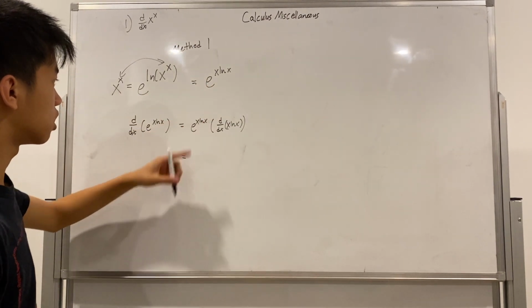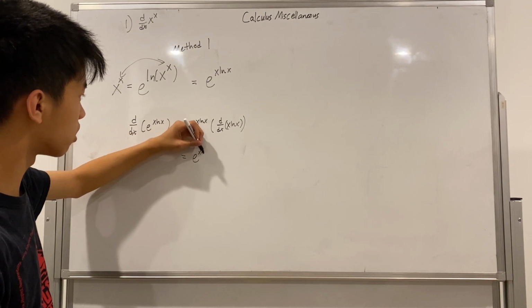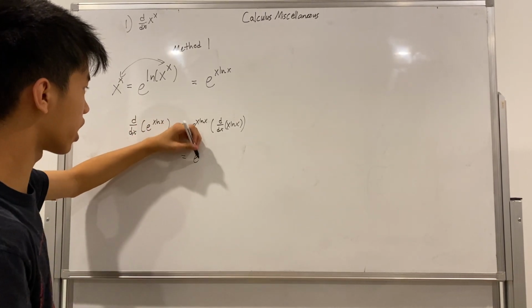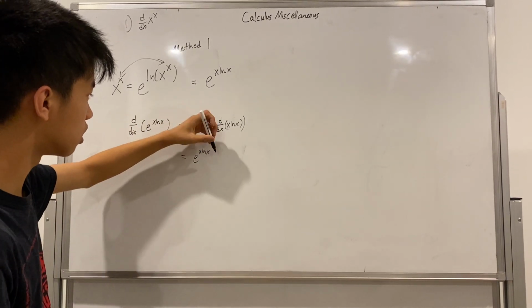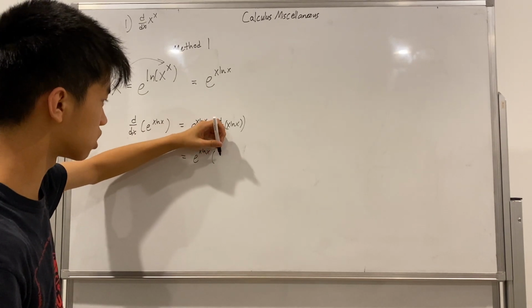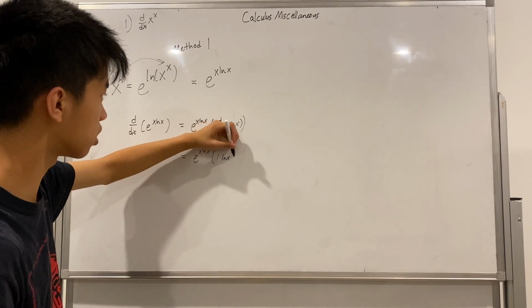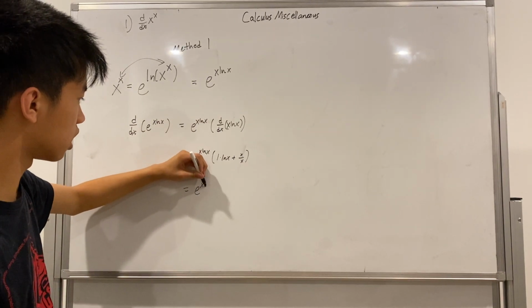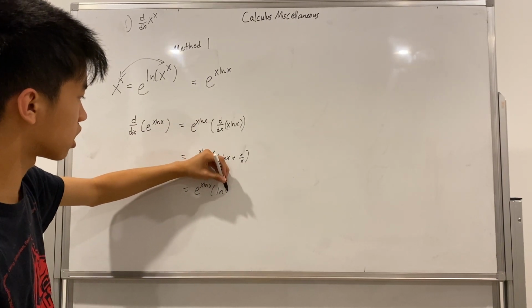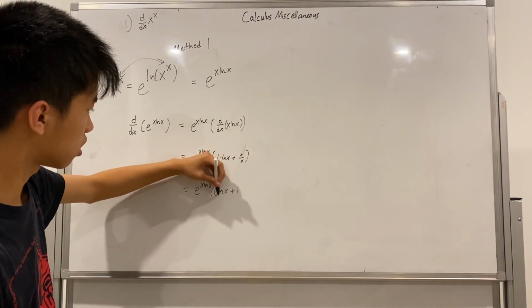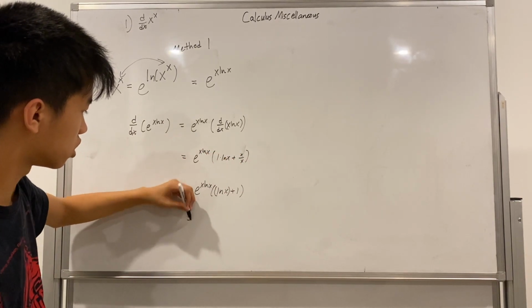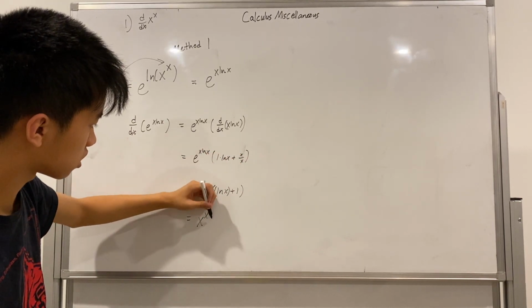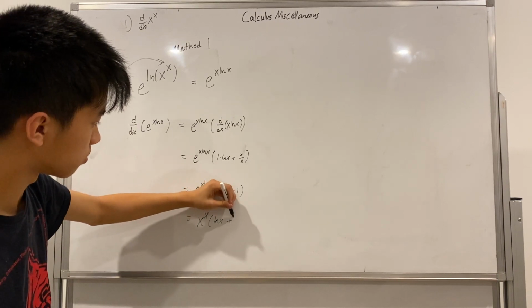Given that, we can now just apply the product rule to find what's in the chain. That's 1 times ln x plus x over x, or e to the x ln x times ln x plus 1, which is equal to x to the x times ln x plus 1.